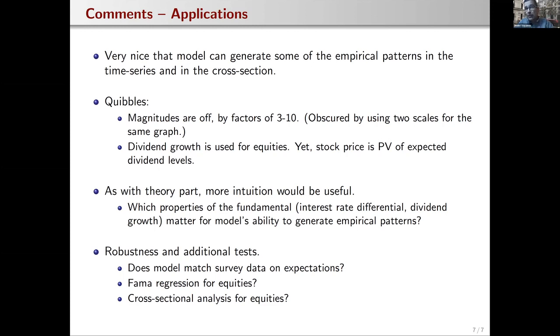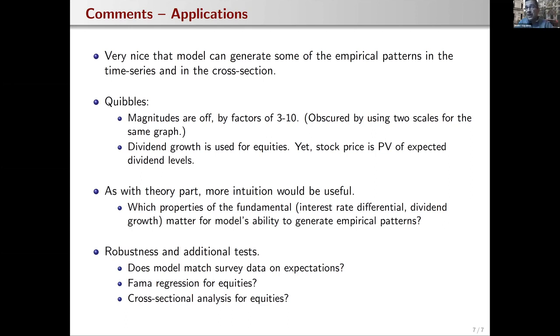On a related note, to convince us about their story, and that this is a valid explanation of these puzzles, it would be nice to push a bit more in the direction of robustness. For example, bring out even some survey data on expectations and see to what extent the features of the model to which agents converge match survey data on expectations.